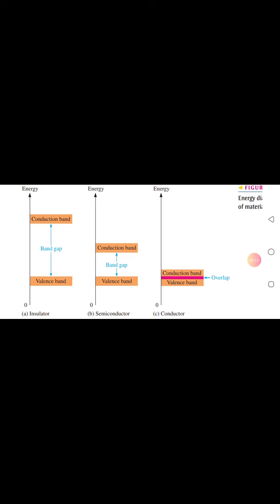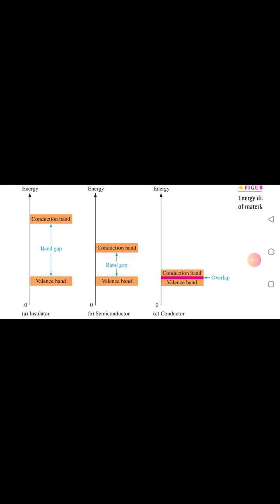Now look at the energy band diagram of a semiconductor. The conduction band is above the valence band on the energy level, but there is not a huge band gap of energy between them, like you see in the diagram of the insulator.